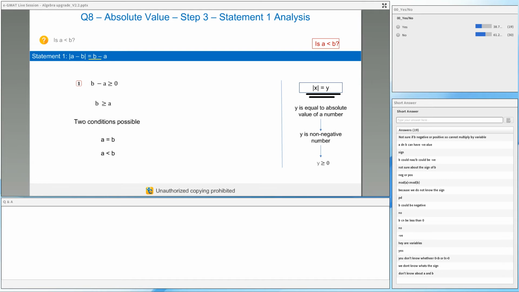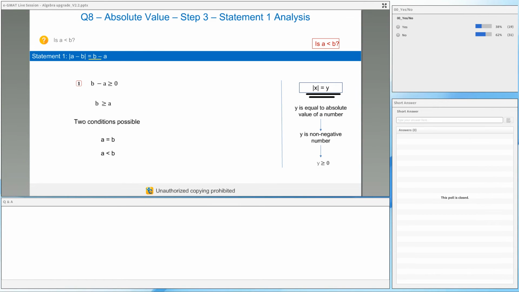Visualize and tell me, can x be 0? When x is 0, what is the value of y? Y is 0, right? When x is minus 3, what is the value of y?